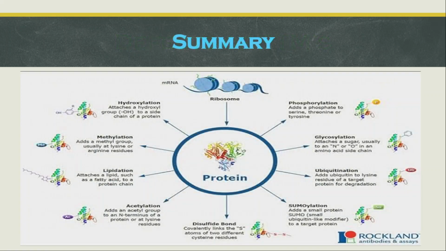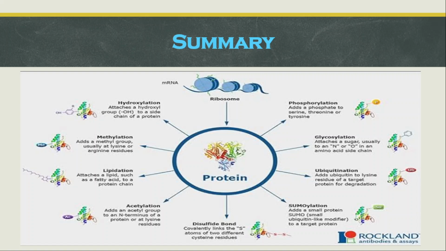The summary: the post-translational modifications include the covalent modifications as well as intein splicing and proteolytic degradation.